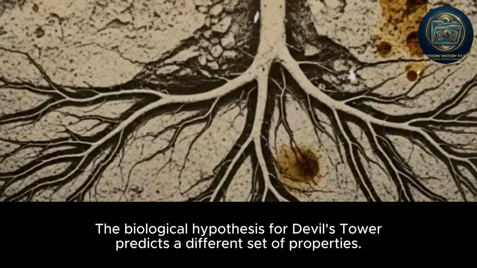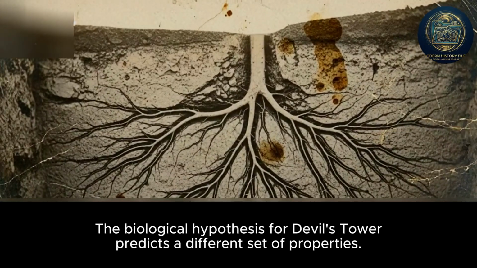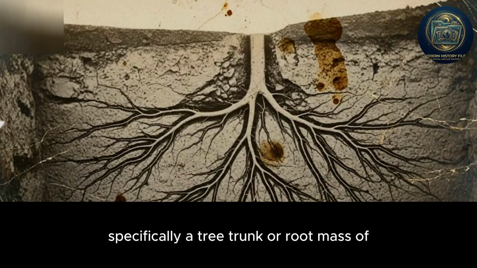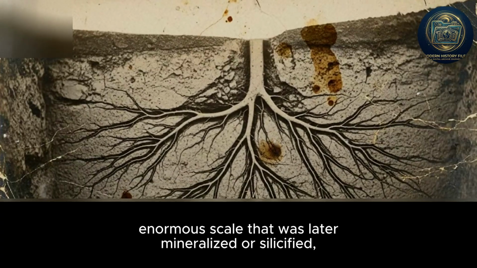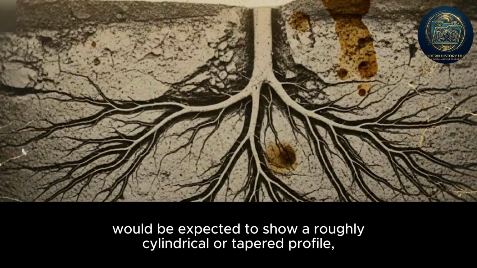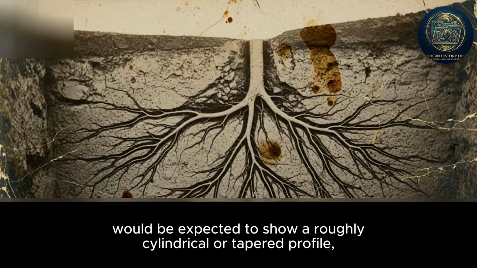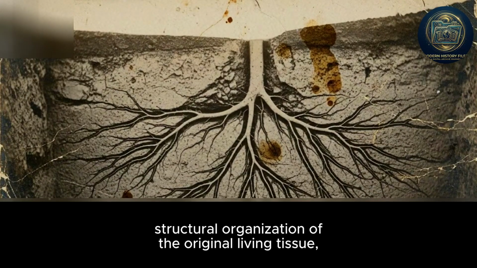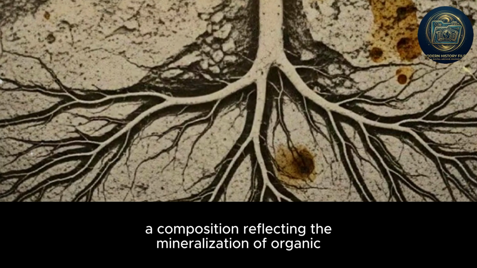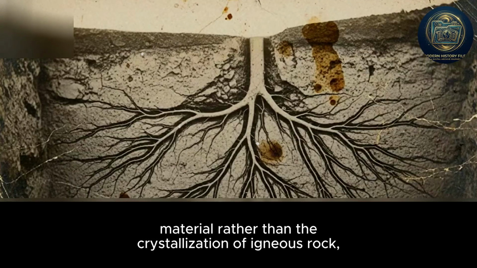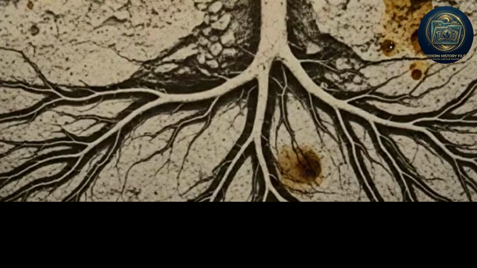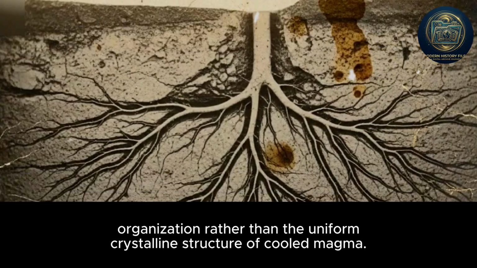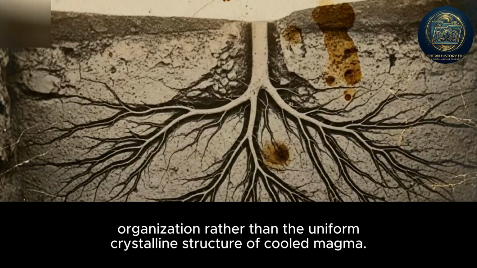The biological hypothesis for Devil's Tower predicts a different set of properties: a large biological structure, specifically a tree trunk or root mass of enormous scale that was later mineralized or silicified, would be expected to show a roughly cylindrical or tapered profile, surface features reflecting the vascular and structural organization of the original living tissue, a composition reflecting the mineralization of organic material rather than the crystallization of igneous rock, and an internal structure consistent with the preservation of biological organization rather than the uniform crystalline structure of cooled magma.